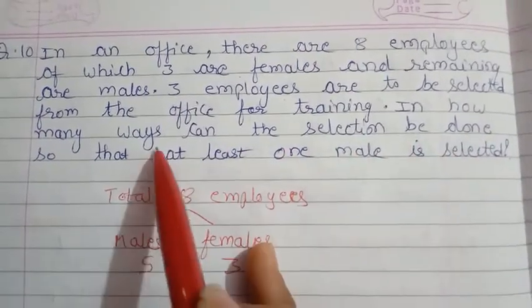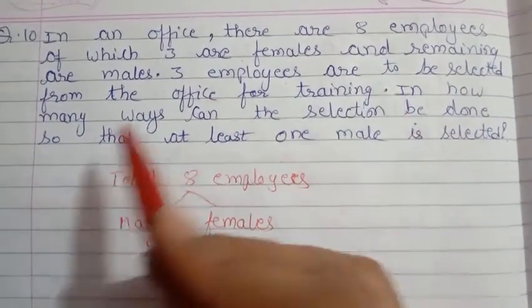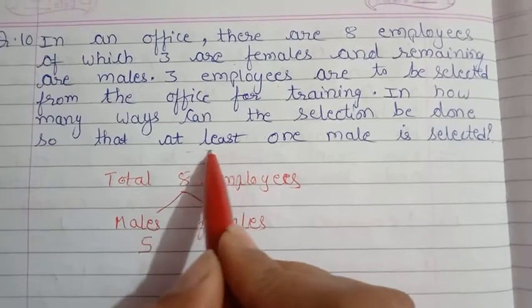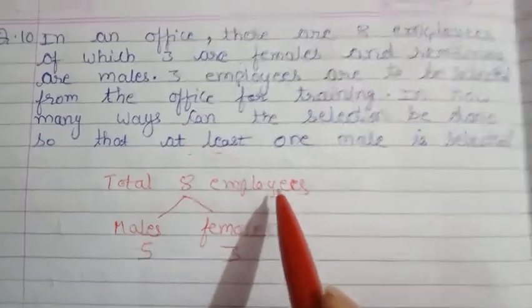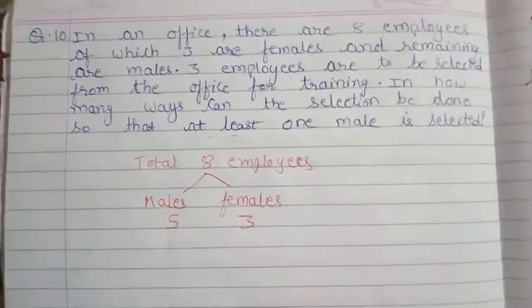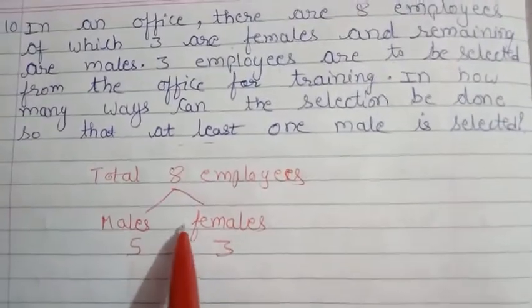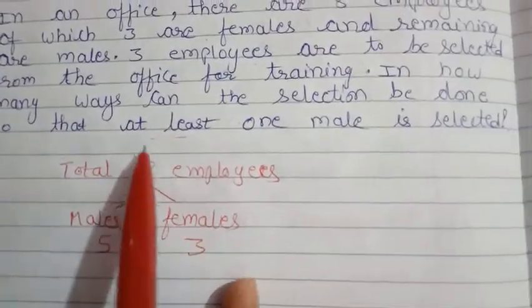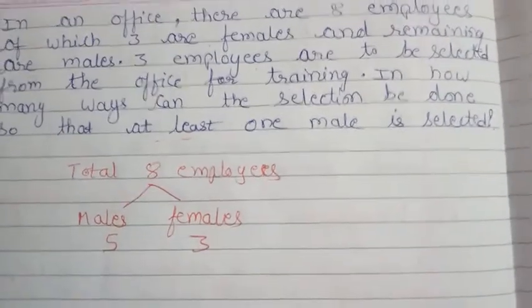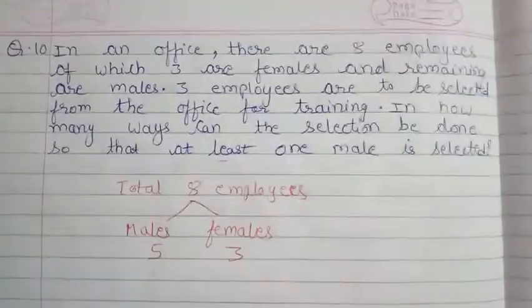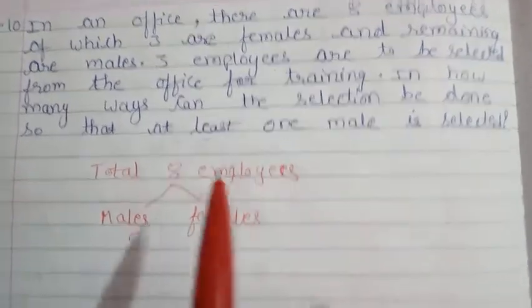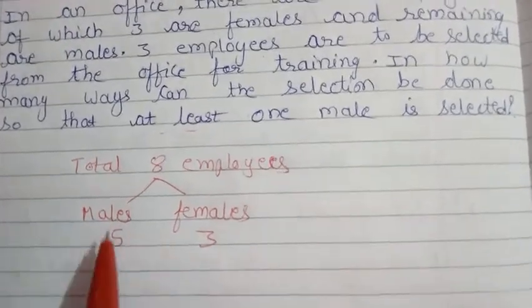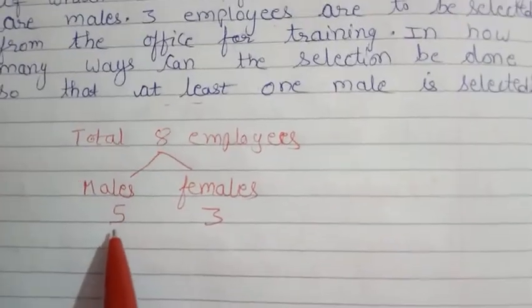In how many ways can the selection be done so that at least one male is selected? Now whenever at least or at most comes, we have to be careful a little. Like at least means minimum, or minimum one male should be there. Now total how many males we have? 5, right?